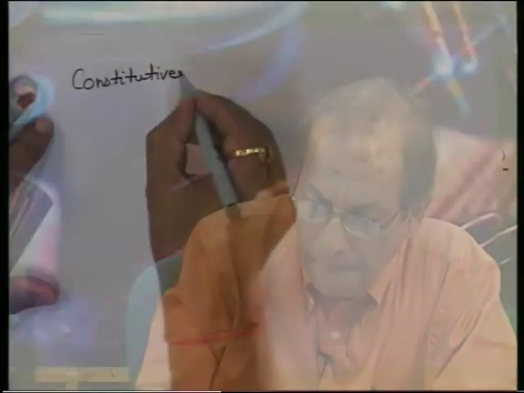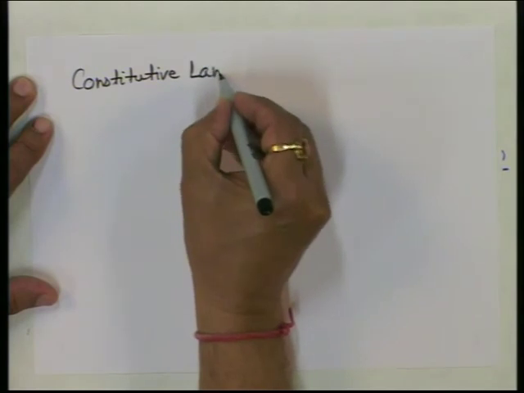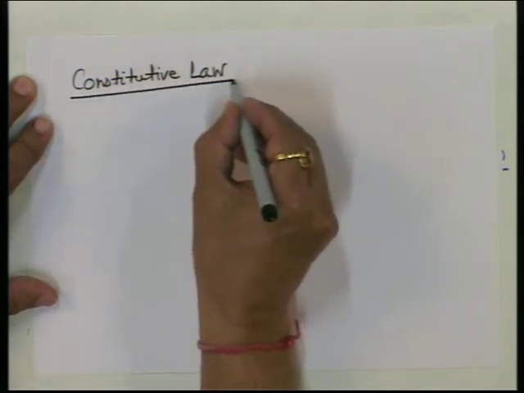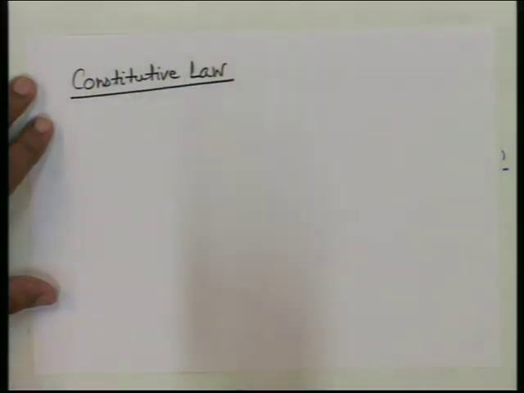Constitutive, stress strain law. What is the relationship between stress and strain at any point within the element? Strain we have now got, now how it is related to stress at that point, a point-based stress strain relation. So, we call it constitutive, relating stress to strain.